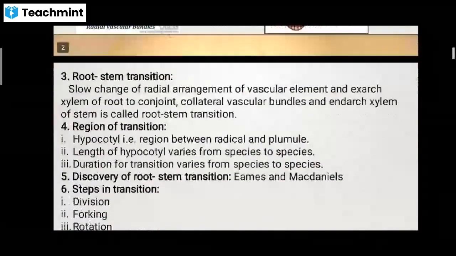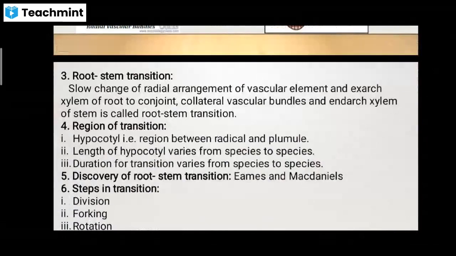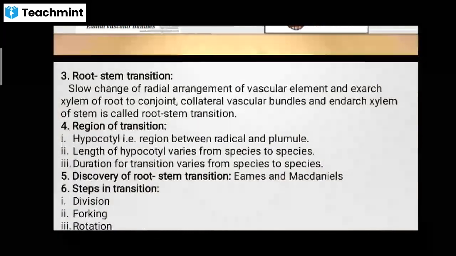So in the root stem transition, a slow change takes place from the radial arrangement of vascular elements and exarch xylem of the root to the conjoint collateral vascular bundle, and endarch xylem of the stem. This is called root stem transition.